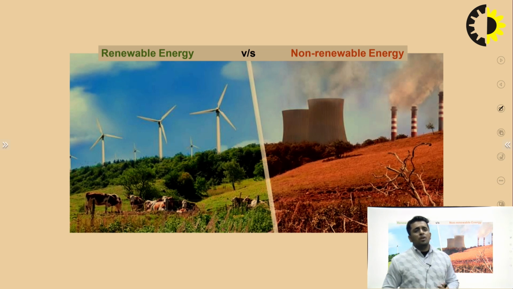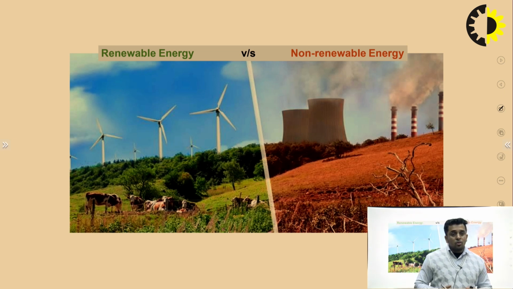We have vehicles driven by petrol and diesel, and thermal plants which work on fuel in the form of coal. These are depleting and will not be available after certain times, so we have to focus on renewable energy resources.